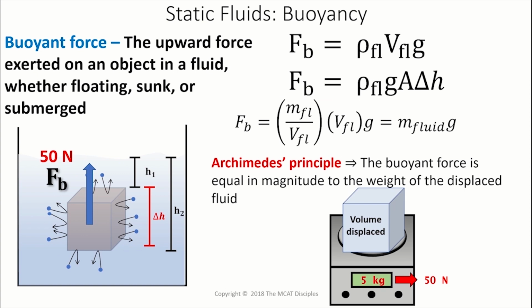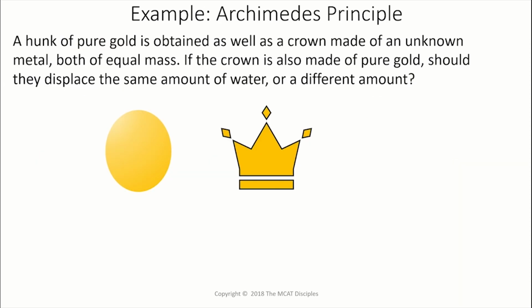So that's what Archimedes' principle means. There are other ramifications of Archimedes' principle, which we're going to go through via questions. But the point is the weight of the fluid is equal to the buoyant force.